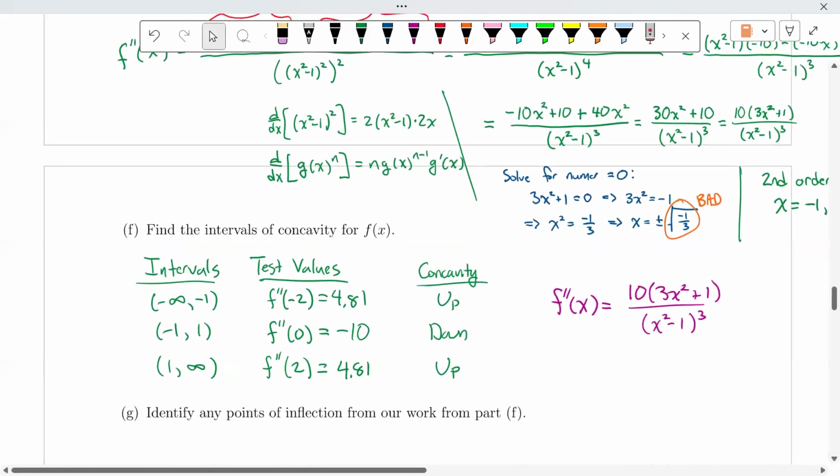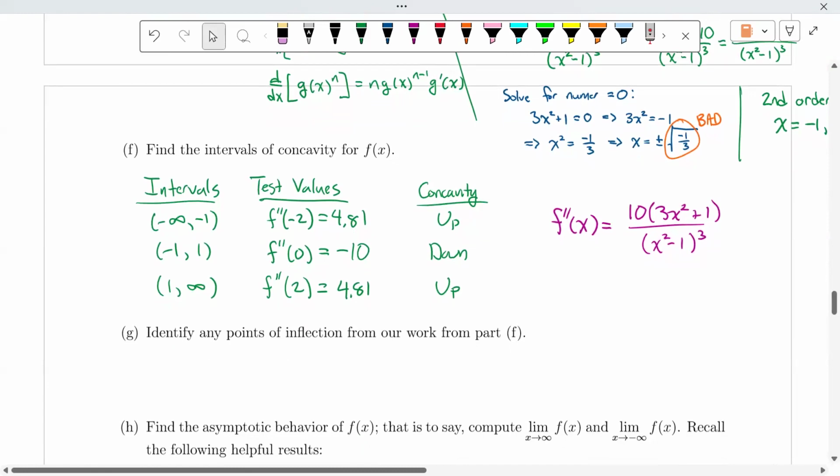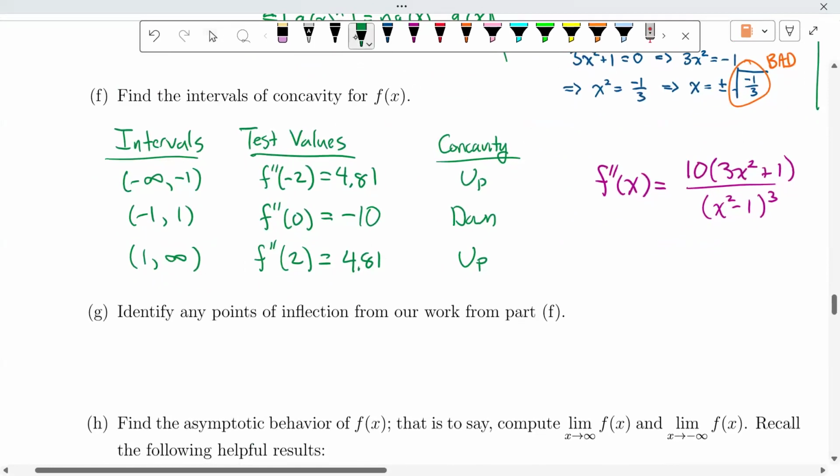That's the concavity. All right, are there any points of inflection? Any points where the concavity changes? Yeah, looks like at -1 and 1. The concavity does change there, but those are not points of inflection. No inflection points.